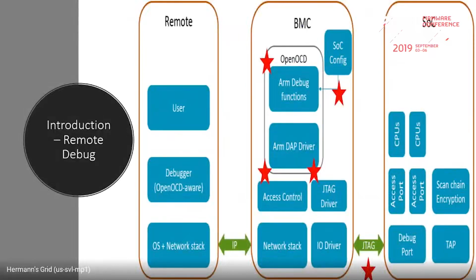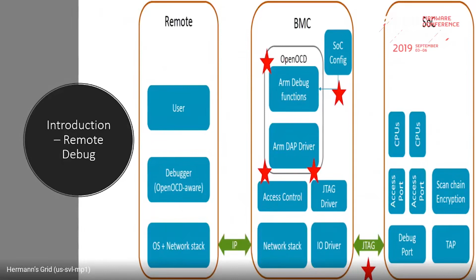Okay, so this is how a remote debug from an ARM-based BMC to an ARM-based SOC looks. At least the present proposal is to have an OpenOCD debug client. OpenOCD is an open source debugger stack which has support for different ARM debug functions.